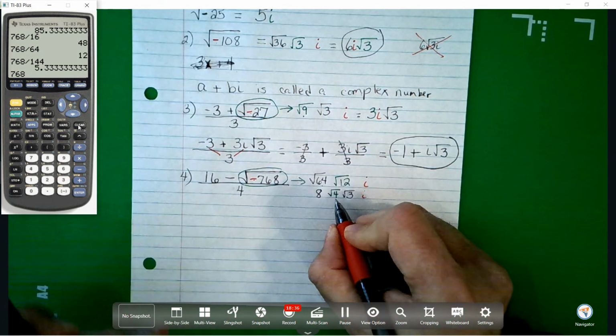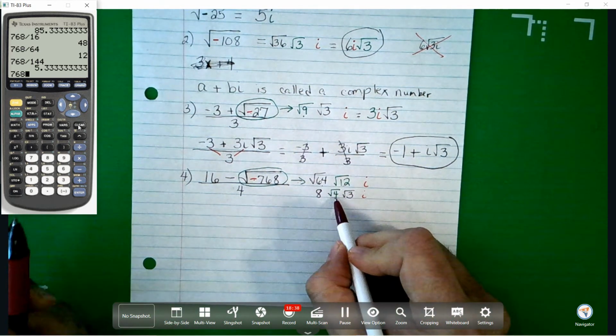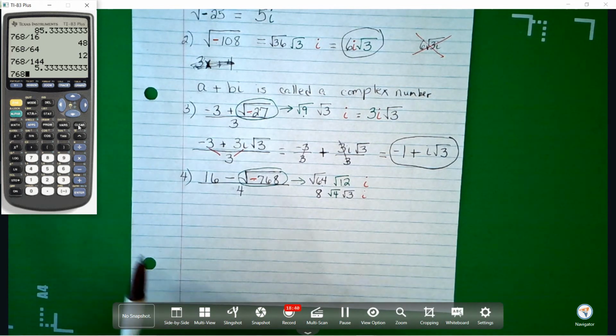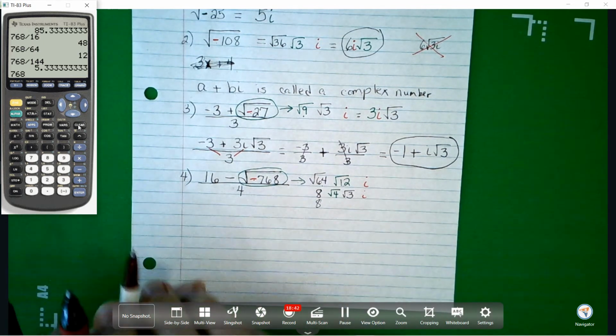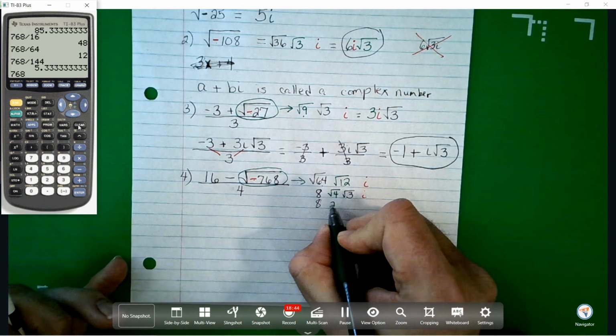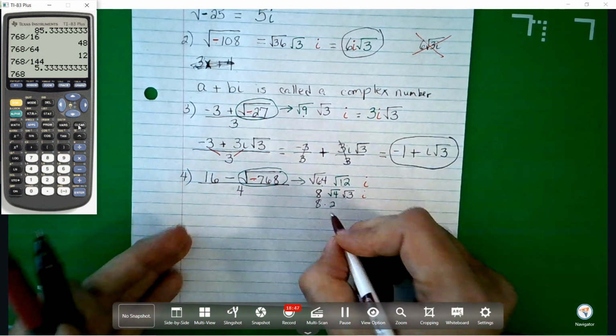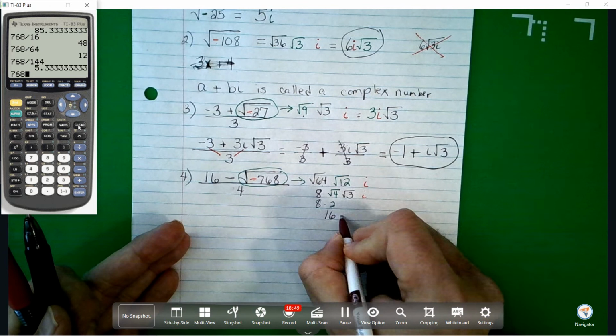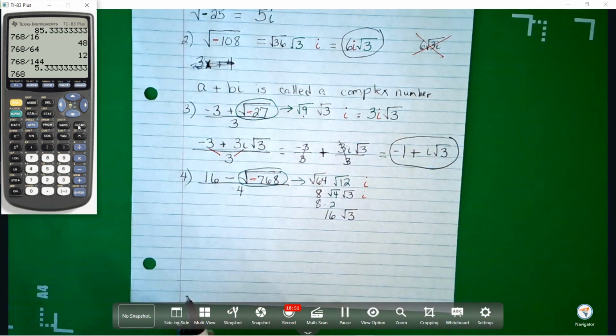The square root of 4 is a 2, so we have 8 times 2, which is 16, square root of 3. Put the i right here.